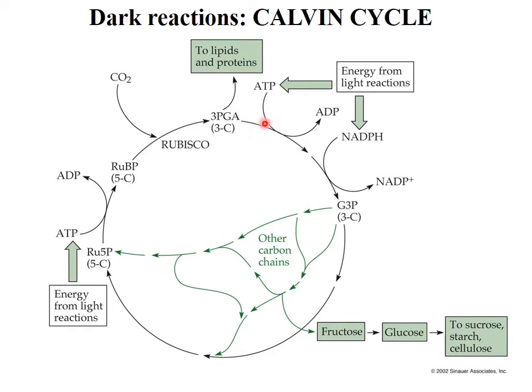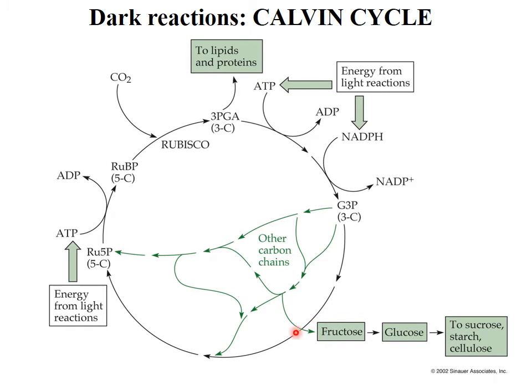So for the remainder of the Calvin cycle, a set of reactions powered by ATP and NADPH produce 6-carbon molecules, glucose and fructose, and polymers of those molecules like starch, cellulose and sucrose go on to form all of the building blocks of plants.